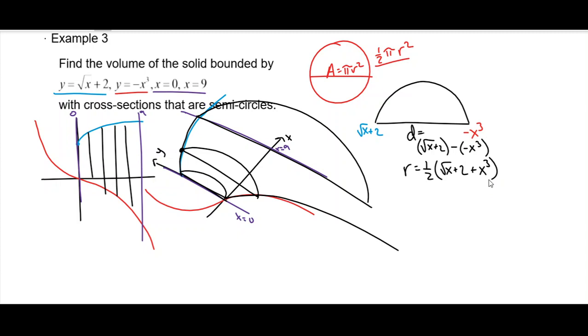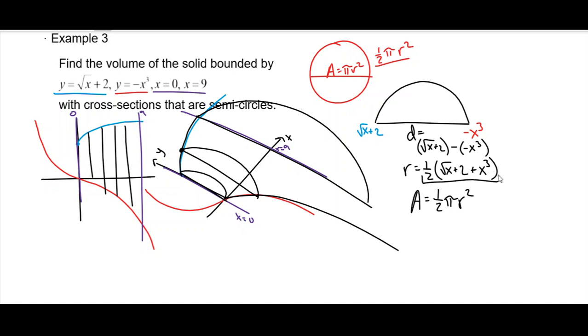Okay, so if I'm looking to calculate the area of the semicircle, it's just going to equal 1/2 pi r squared, where our r is replaced with that.